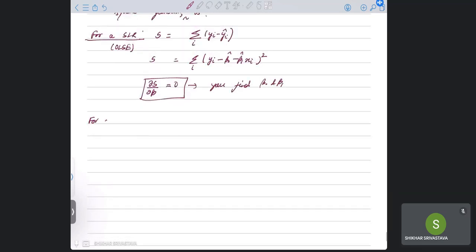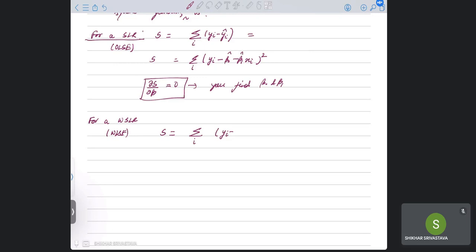For a weighted simple linear regression model, you do a weighted least square estimate, where the function remains almost the same, with just a slight modification.